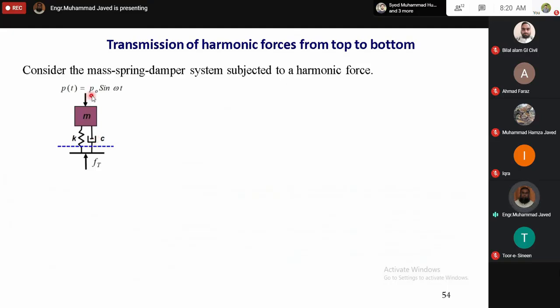A harmonic force is acting in the vertical direction represented by this function P naught sin omega t. P naught is the amplitude of harmonic force. Omega is the frequency of harmonic force. And let Ft is the force transmitted at the base.